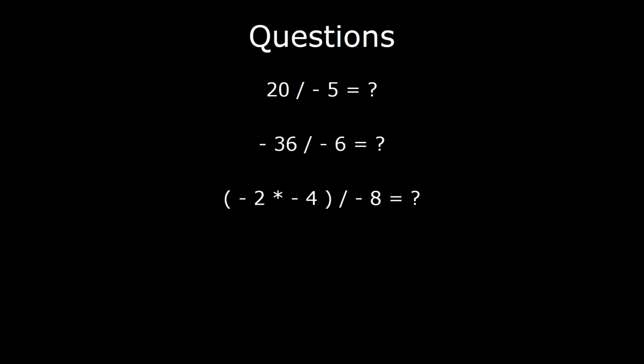Now we see one negative sign, so the quotient must be negative, and of course 8 divided by 8 is just 1. So the final answer to everything will be minus 1. So minus 2 into minus 4 whole upon minus 8 equals minus 1.